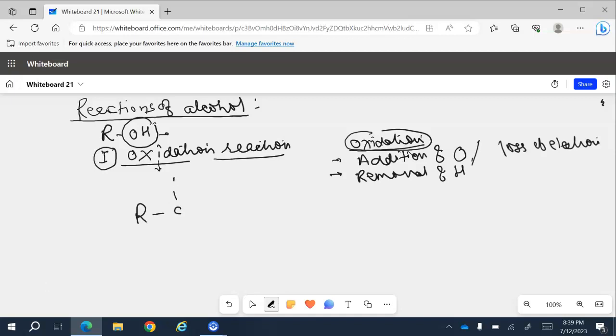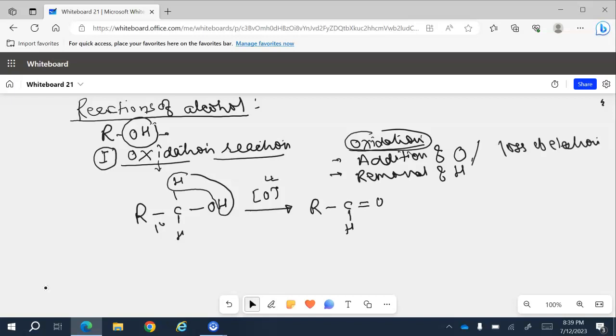If we are using, for example, a primary alcohol, 1 degree alcohol, upon oxidation there will be a loss of hydrogen. For example, these two hydrogens will be lost and it will be converted into an aldehyde first. But under oxidation condition, sometimes it will still be reactive and can undergo further oxidation to give the carboxylic acid.